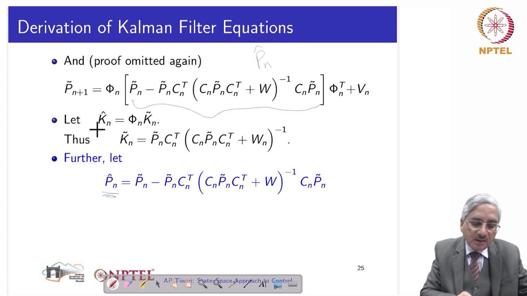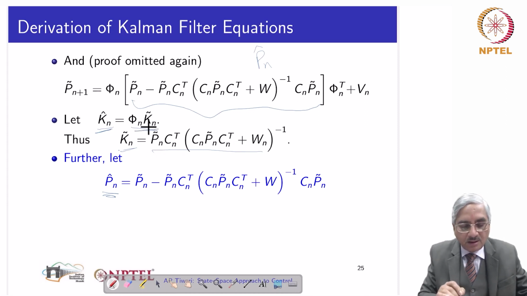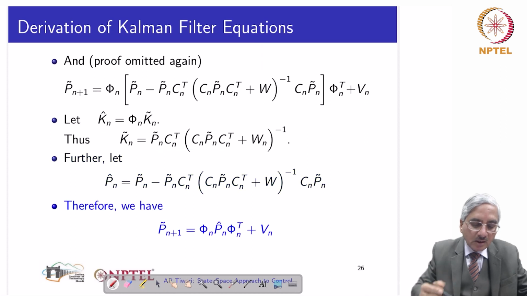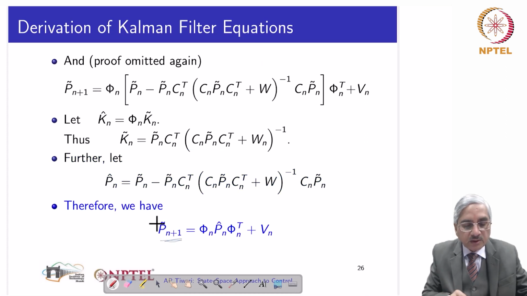So we had Kn hat, but we introduced Kn tilde, which is this, and which is phi n into Kn hat. And this thing we are introducing as Pn hat. So by doing this, we get a short expression for Pn plus 1 tilde. This one comes like this.